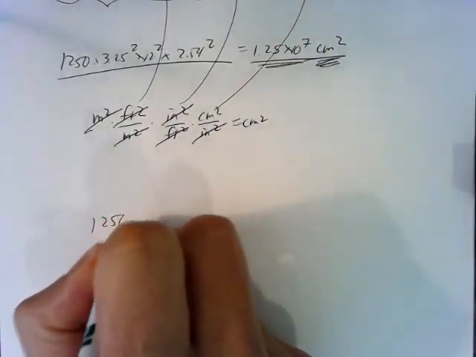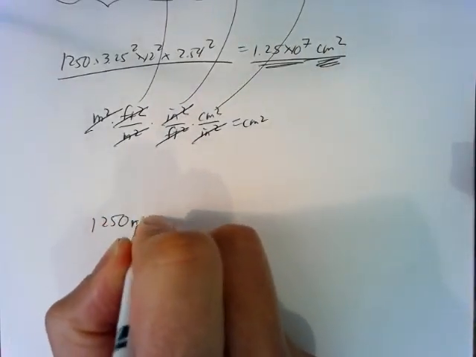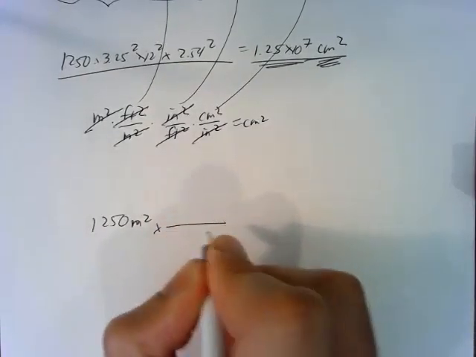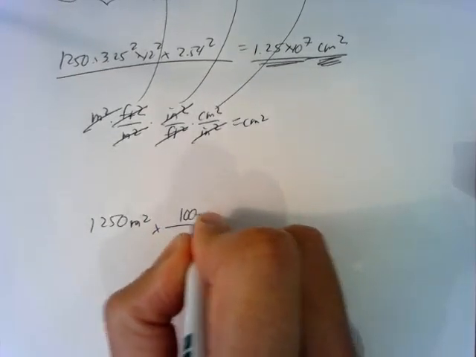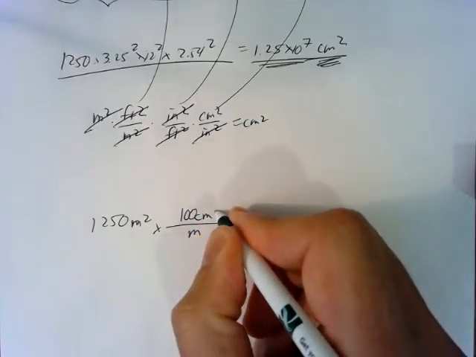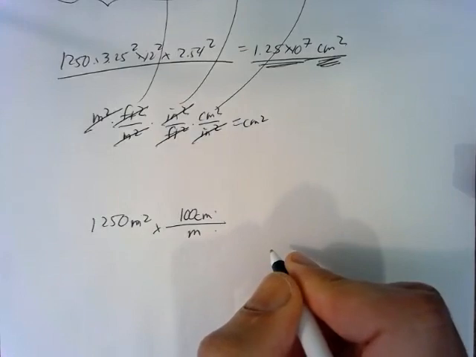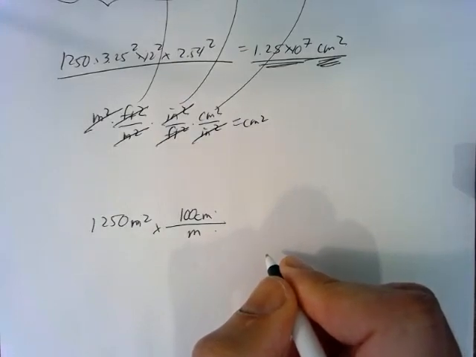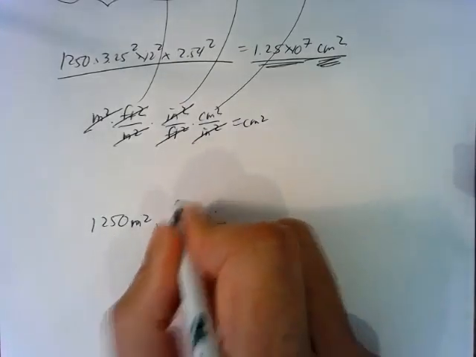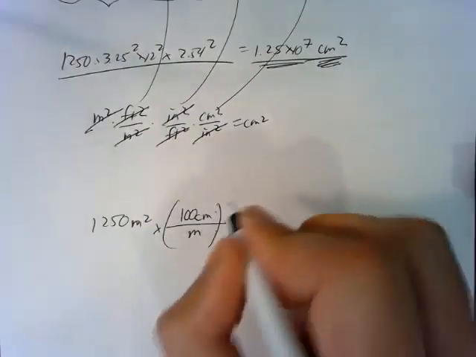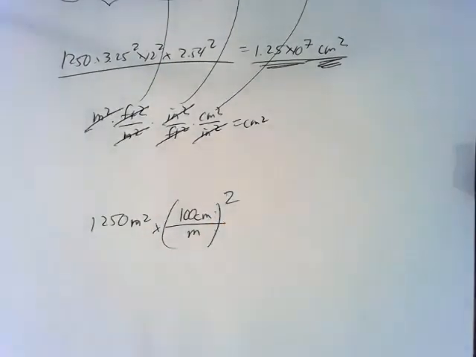It is, of course, possible if our goal was simply from meter squared to centimeter squared to recognize that there are 100 centimeters in a meter, 100 centimeters per meter, just like there are 100 cents to a dollar. So centa is key or codes for 100, and then we'd have to square that.